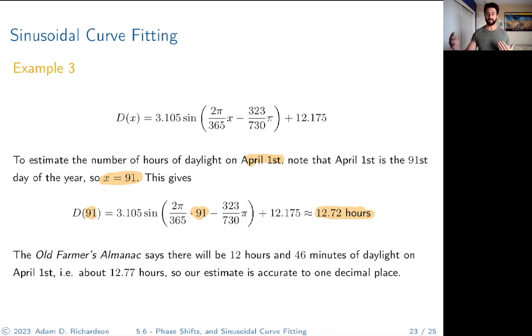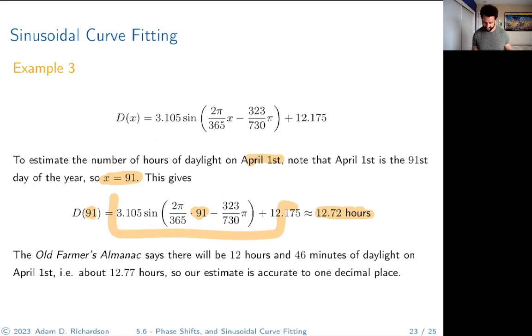Later on, especially when you take Calc 1 and Calc 2, just how accurate these things are becomes the interesting question, because we'll be able to figure out exactly how accurate these models are, and how accurate they need to be, or I should say, you'll be able to figure out what these values of A, B, omega, and phi need to be in order for your model to be accurate to some degree. Sorry, I know that's a mouthful, but just remember that these are models, they're estimates, and so there's error involved.